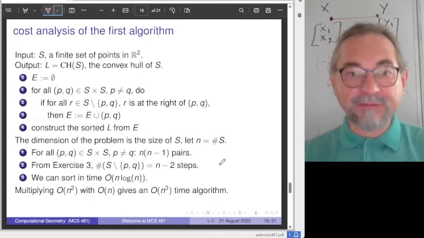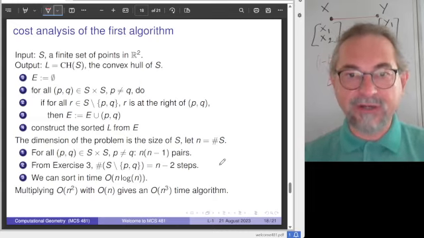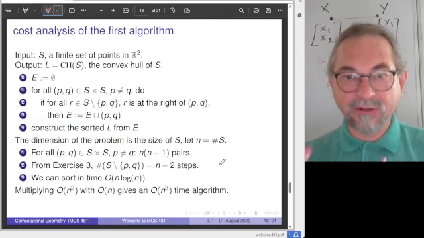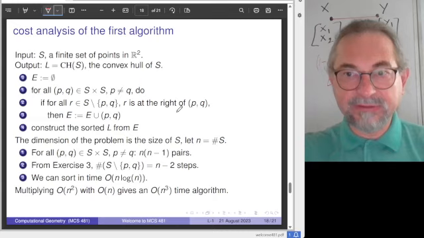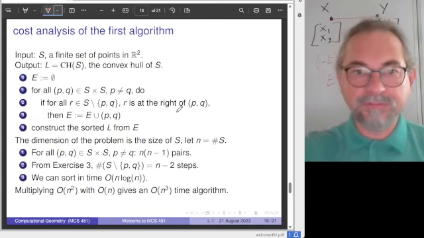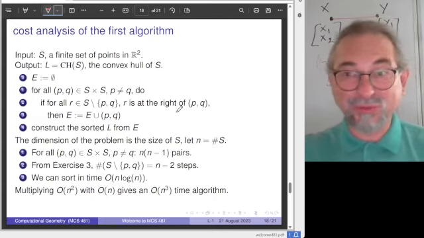So we have the three steps in the algorithm: enumeration of all pairs, deciding whether a point is at the right of the pair, and then we have the sorting. So the if test is inside the for loop. And the for loop is actually a double loop.